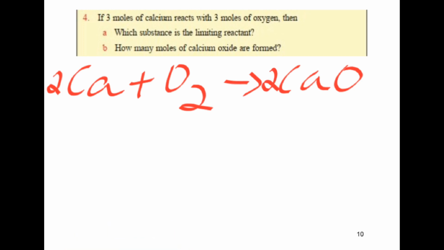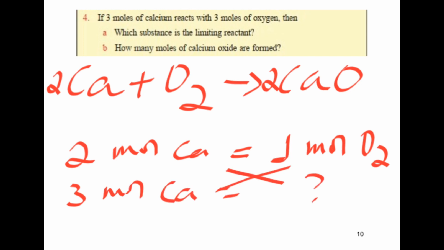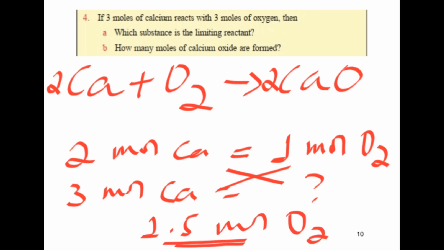ስለዚህ ሁለት ነገር ስለተሰጠን አሁንም we have to decide or identify which substance is the limiting ማለት ነው። So አሁን ቀላል ነው በሞል ስለተሰጠን ማለት ነው። So from the balanced chemical equation, it tells us for every 2 moles of calcium that we have 1 mole of oxygen is needed ማለት ነው። ከዚህ አንዱ መውሰድ ነው። So 3 moles of calcium ካለኝ ምን ያህል ሞል of oxygen ይኖረኛል? 1.5 moles of oxygen is needed የሚያስፈልገኝ ግን ምን ያህል ነው ያለው?